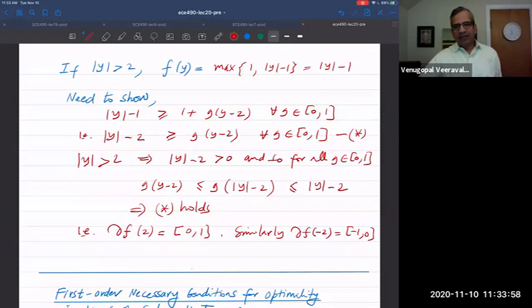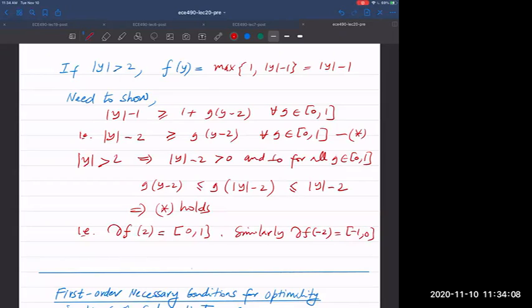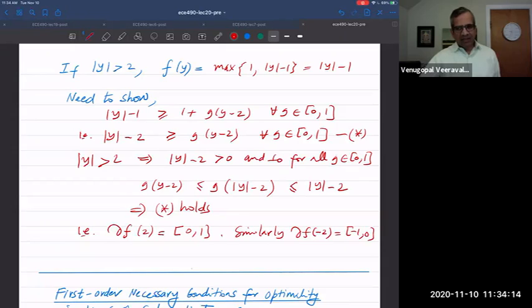If y is less than 2, then the left-hand side is negative, so it'll still hold. And what about g times the absolute value of y minus 2 being smaller than the absolute value of y minus 2? Yeah, because g is between 0 and 1. Multiplying something that's positive by something between 0 and 1 will just make it smaller.